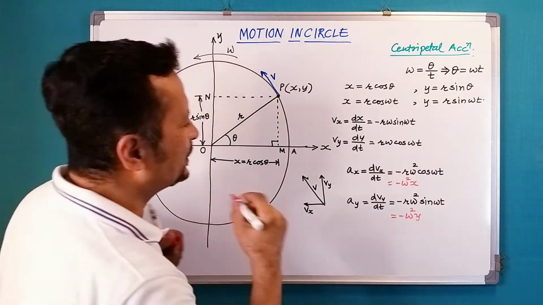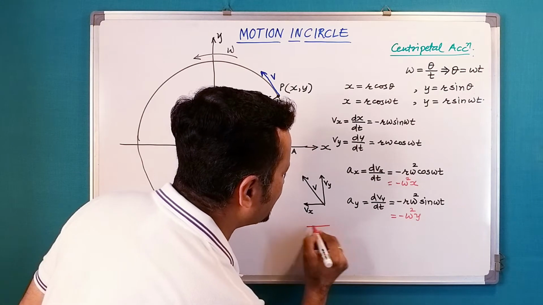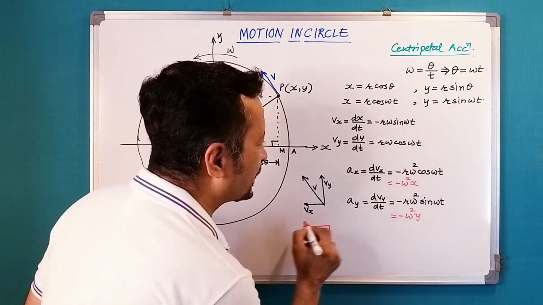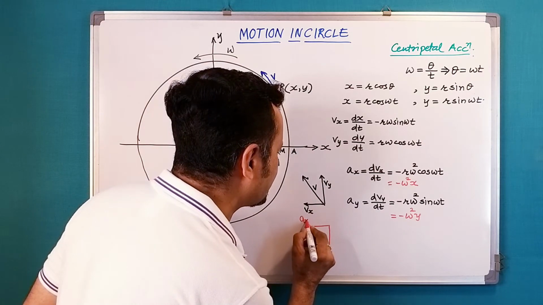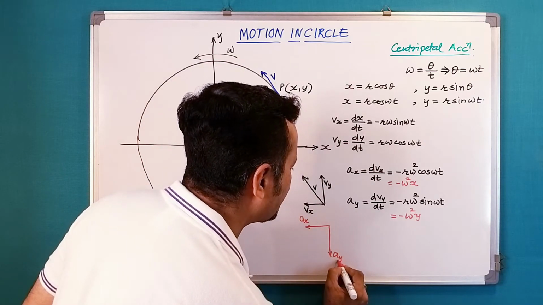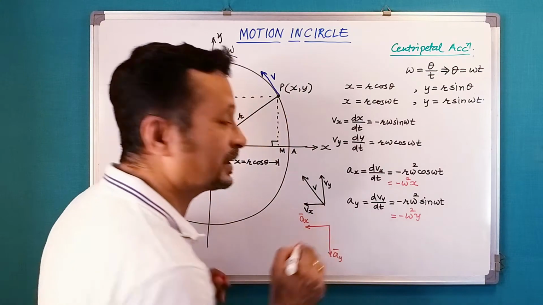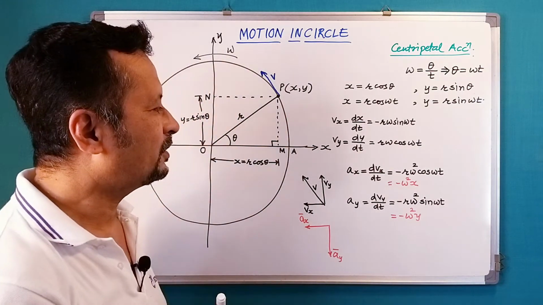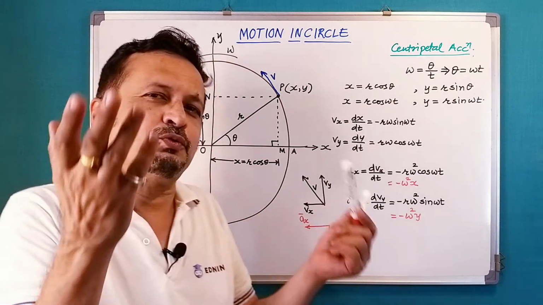So that means my acceleration is going to be like this. So it is ax and ay. I'll put vector sign over there so that it is clear. Now let us do one more thing.